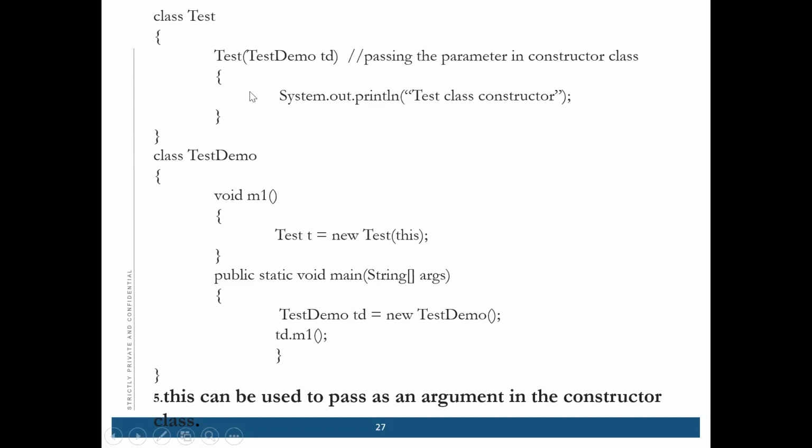We have created one object of this class in method 1, which is inside the test demo. And inside the main method, we are creating another object of this class, and we are calling the M1 method. We'll see what will happen.